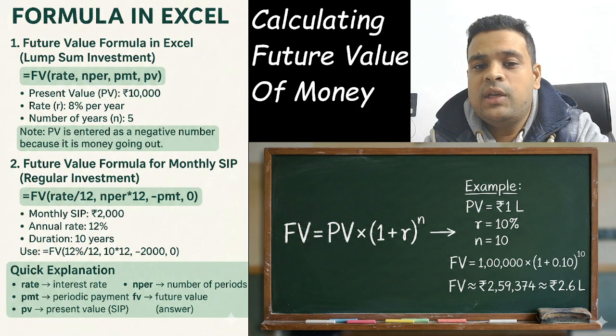So since it's a 10-year duration, our rate would be 12 divided by 12, that is 1% per month, and NPER would be 10 into 12, that is 120. And using this formula we would get our value.